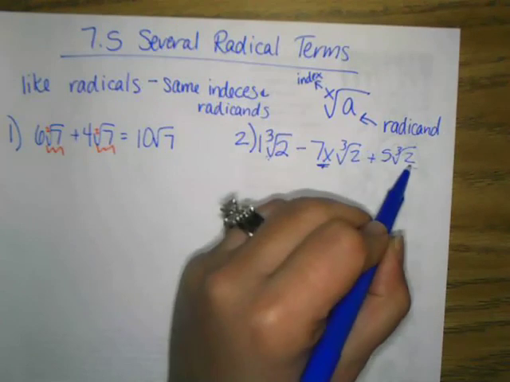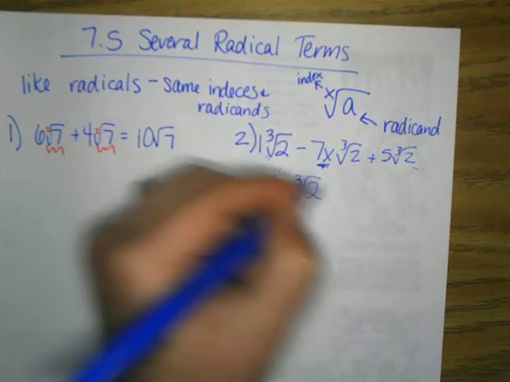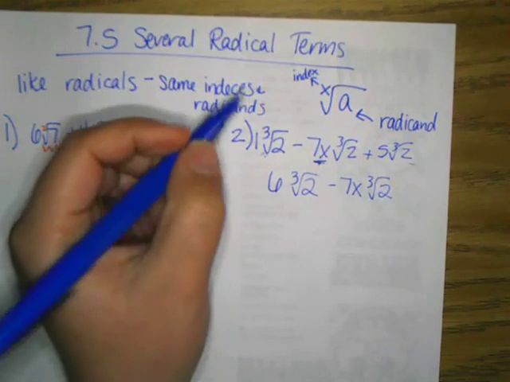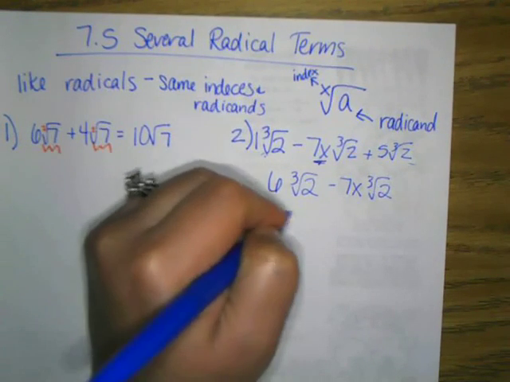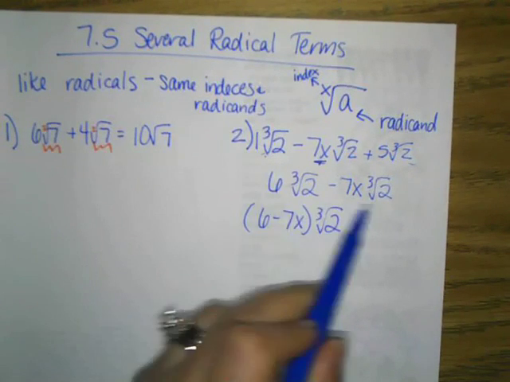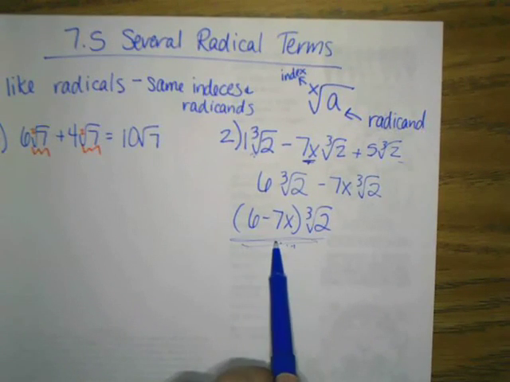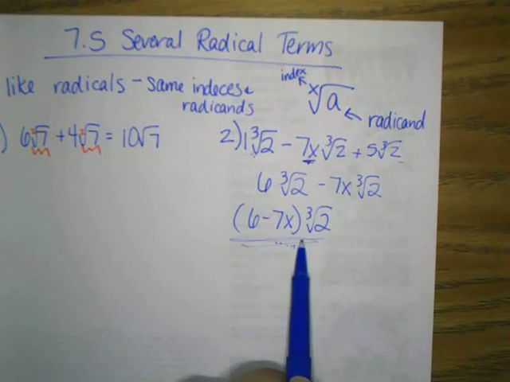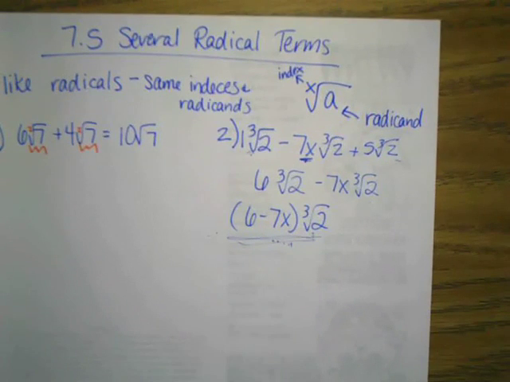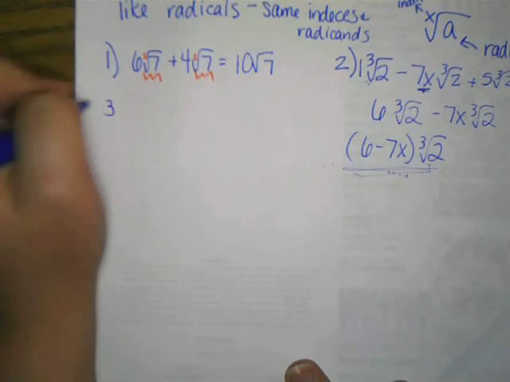So I know I have 1 plus 5 makes 6 cube root of 2 minus 7x cube root of 2. And this can also be written as 6 minus 7x cube root of 2's, or factoring out that cube root of 2. This is how you'll see it in the book and Math Excel. So you need to factor that out at the end if you can. And I don't think it matters if you put this at the back or the front of the parentheses, though. You'll have to let me know if Math Excel allows that.